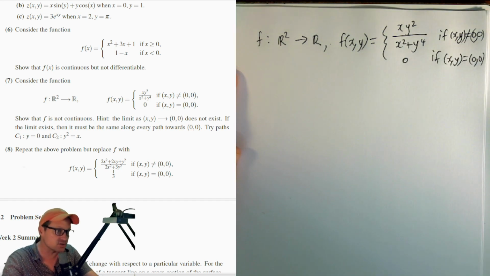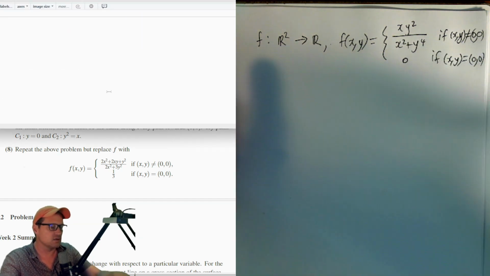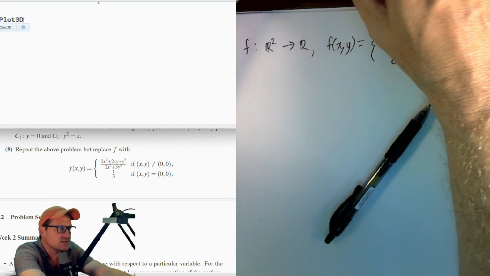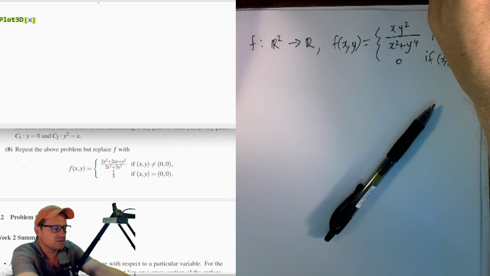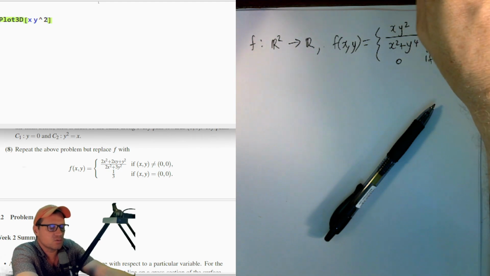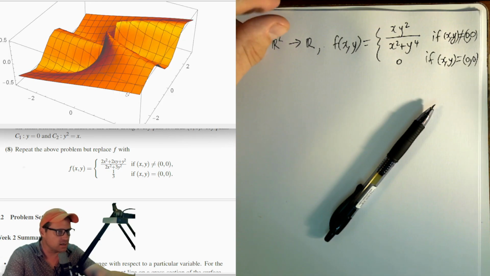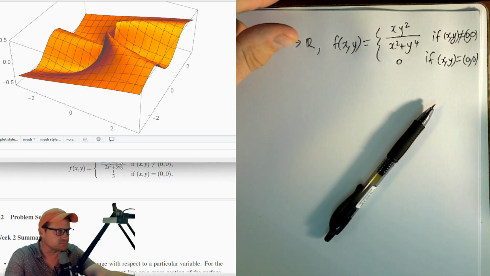All right, so I first want to begin by showing you a 3-dimensional plot of this function. So let's open up Mathematica, and I'll write Plot3D, and I'll just plot xy squared over x squared plus y to the 4th. Okay, and so there it is.